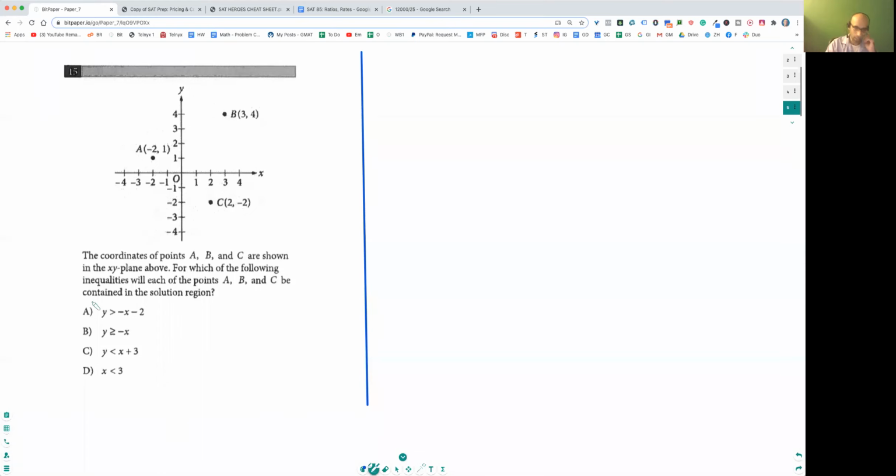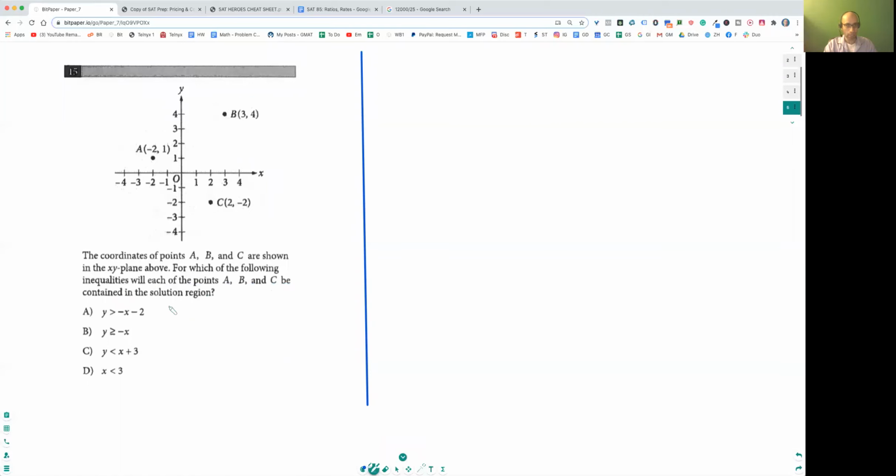Excellent. This was a slightly harder problem, but all you got to do is plug in these values and see which of them are satisfying, right? Which of these points are contained? One of the ways you can do it is to plug in this value inside here and see if it satisfies. As an example, this is y, this is x.